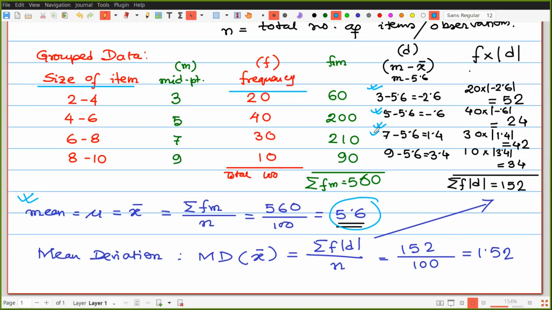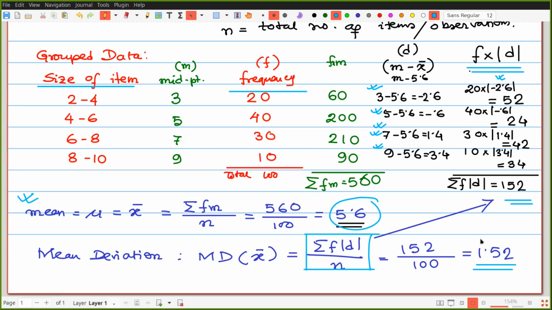It may be negative, it may be positive, but to find out the mean deviation, we have to find out the F into modulus of D. That's why modulus of minus 2.6 is treated as 2.6 into the frequency like that, and we have found the total summation. Then we are proceeding with that particular formula, and we are getting the mean deviation for the group data.